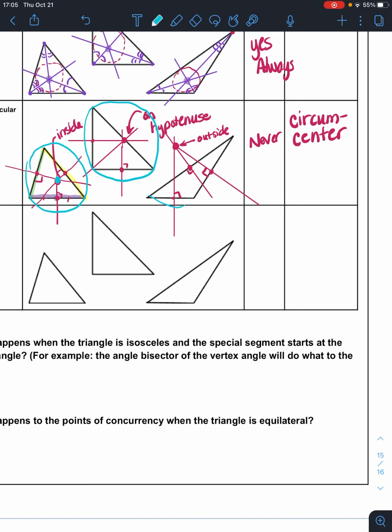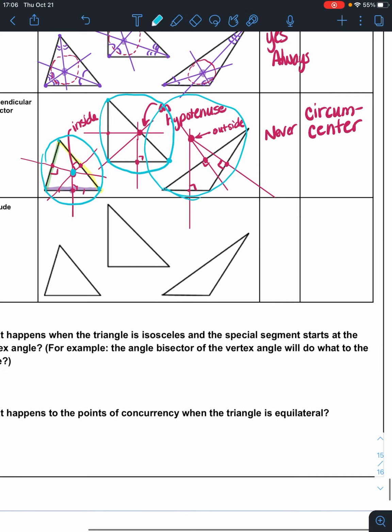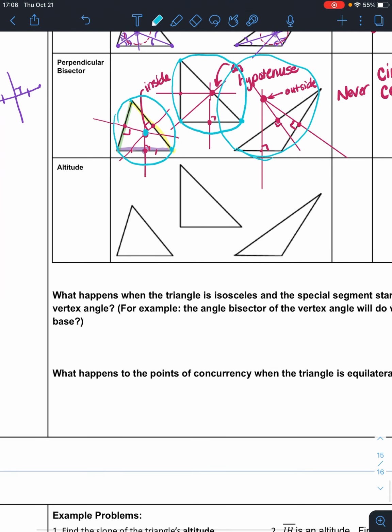It's kind of harder to draw this one because it'll be kind of big this way. But that's what it allows me to do. It's the center of the circle that goes around, like circumference, and makes it so that all three vertices of the triangle are on that circle. This is pretty cool.